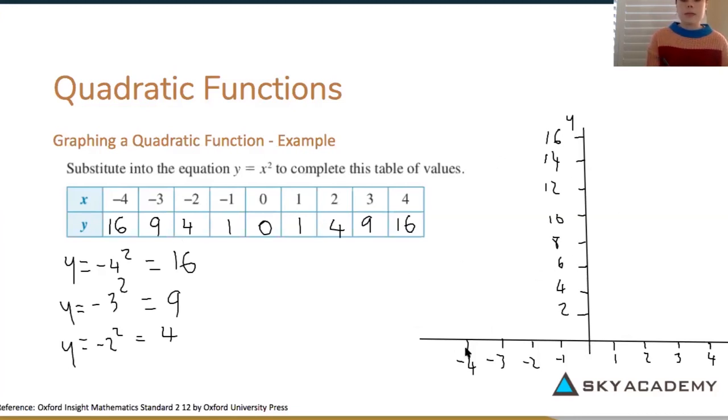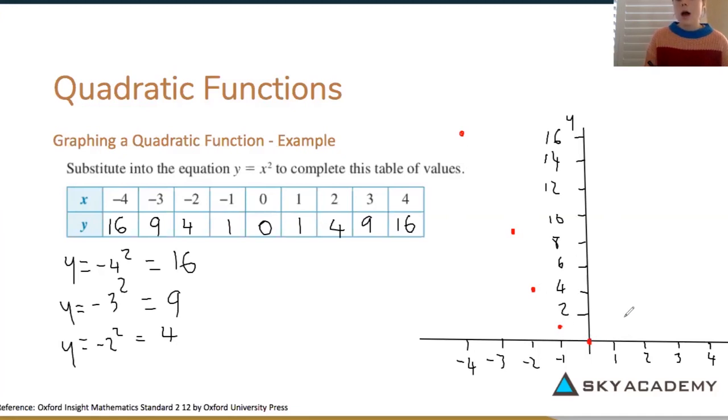So where x equals -4, y will equal 16, so about there. -3 on my x goes to 9. On my y, oops, that's not 9. This is 9 here. -2 goes to 4. -1 goes to 1. 0 goes to 0.